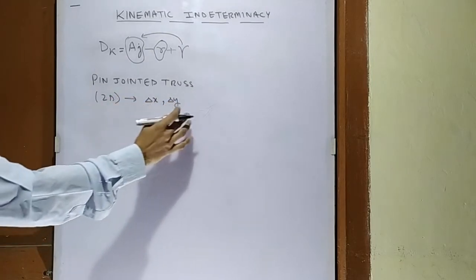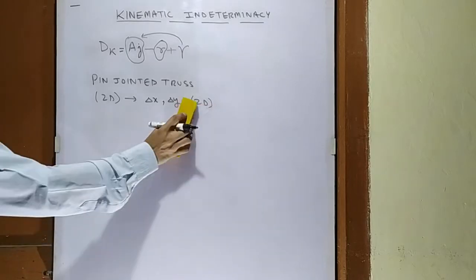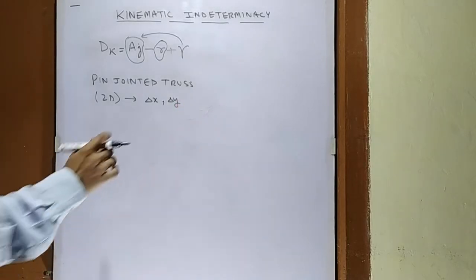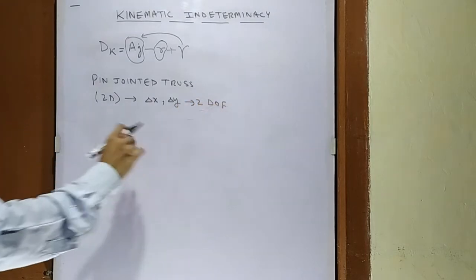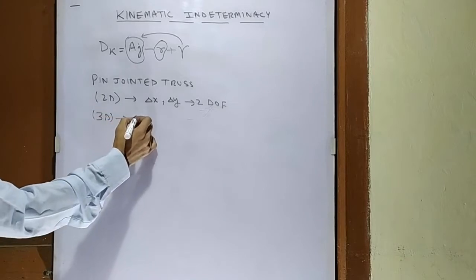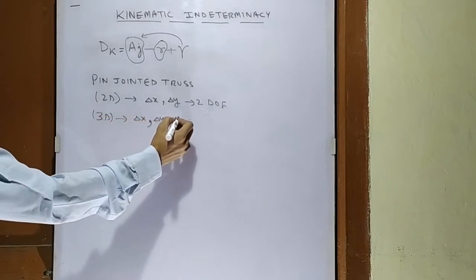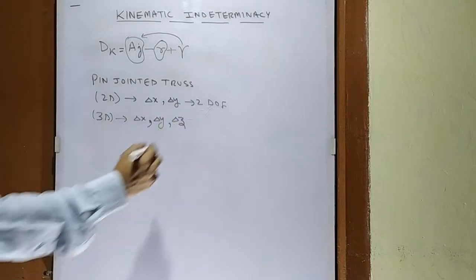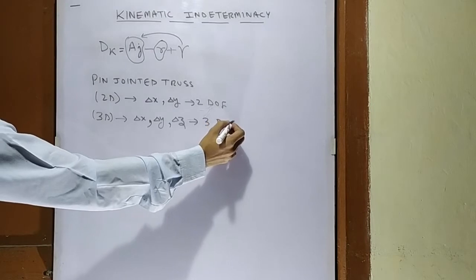It means there will be 2 degrees of freedom at each joint. Let me write it as maximum 2 DOF. And in 3D, at each joint there may be delta x, delta y, and delta z. So at each joint how many degrees of freedom are available? There are 3 degrees of freedom available.